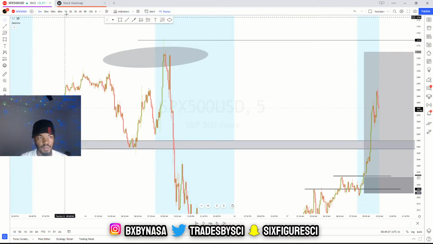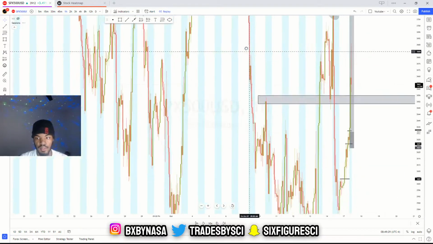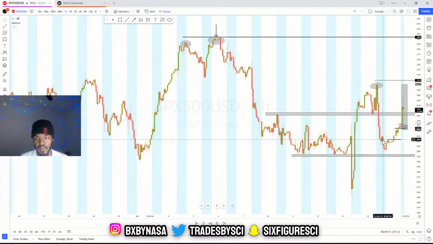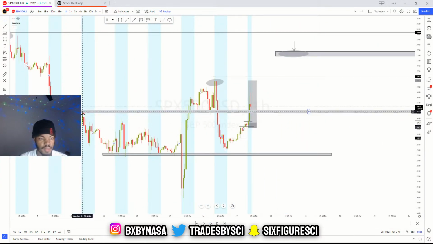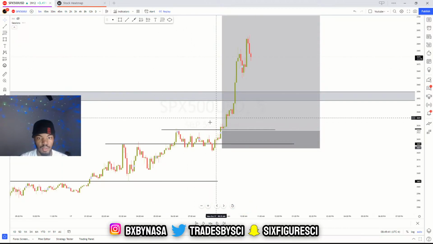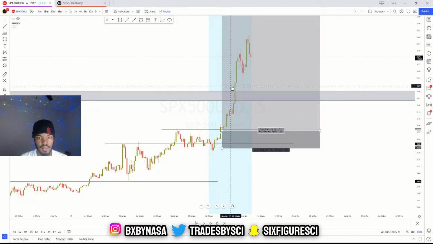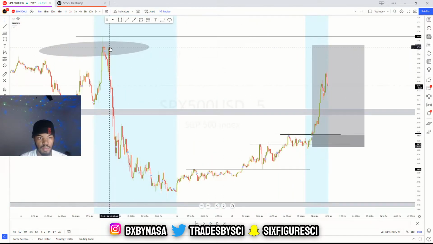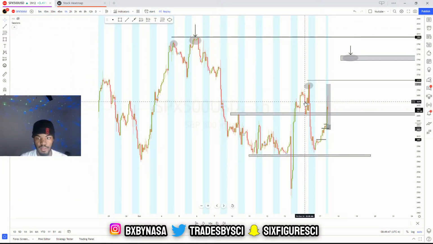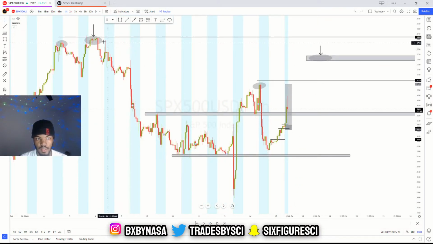This high up here, so if we go back on the higher time frame, this high up here was telling us, okay, price above this high. You see price right here, this high. Price breaks above that high. So during our trade, price is breaking above that high, letting us know, okay, price is bullish. Price is targeting here.